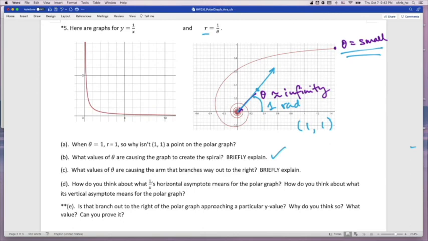Well, the horizontal asymptote for the 1 over x curve means when x approaches infinity, then 1 over x approaches 0. All right. Now let's think about the equivalent. When theta approaches infinity, then 1 over theta approaches 0. And that's right here.